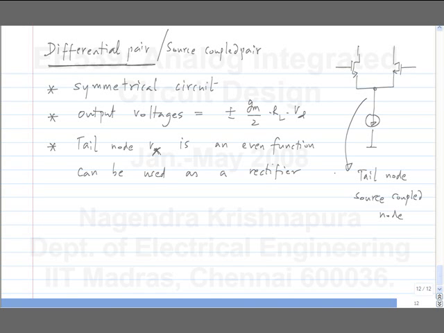So the bottom line is we have some circuit that takes the difference between the two and gives you some output proportional to the difference. The constant of proportionality is similar to that of a common source amplifier. Why is there a factor of 2 difference?